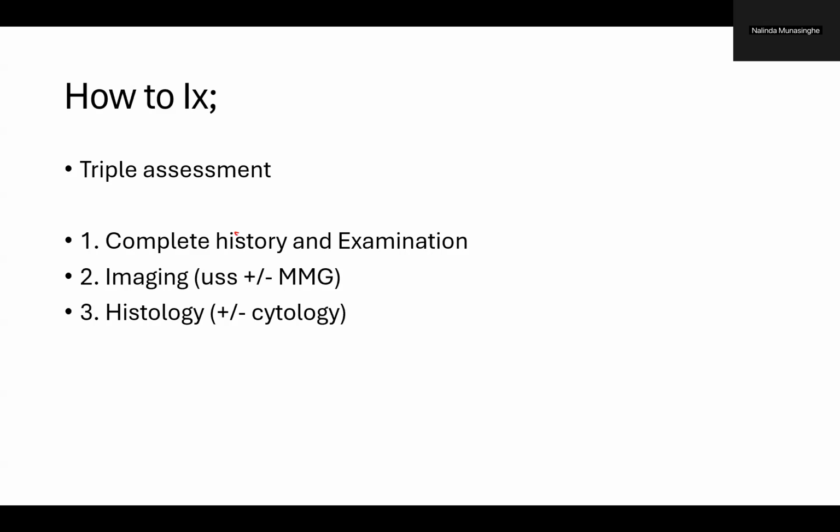In those patients who are already diagnosed with breast cancer, we might do a baseline mammogram for surveillance purposes, not to diagnose. Those are the exceptions. Otherwise, mammogram will be done 40 and above.